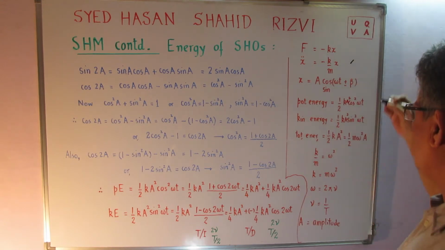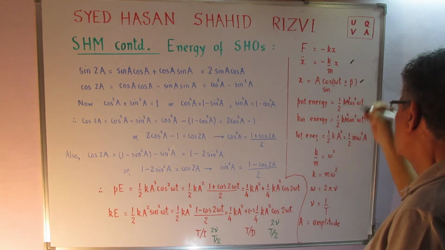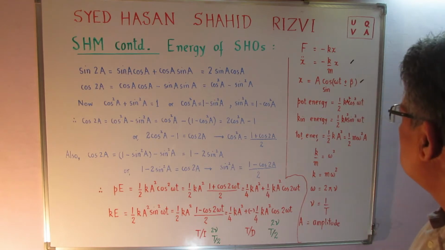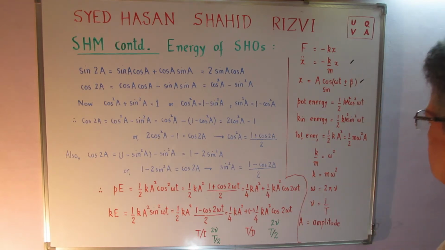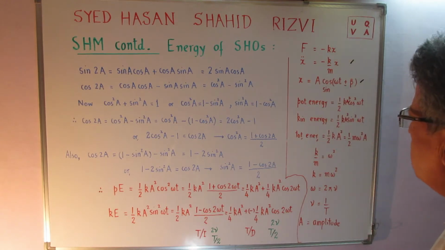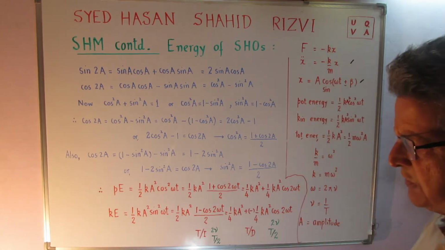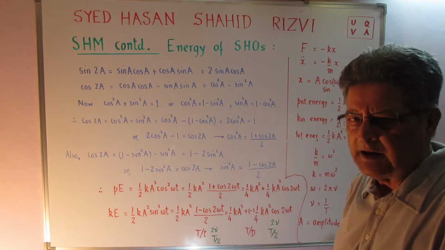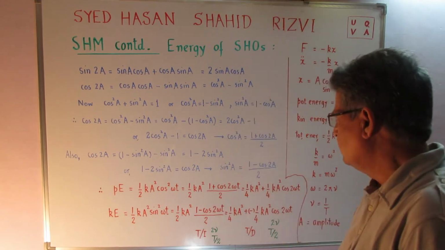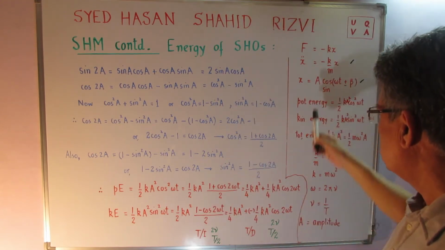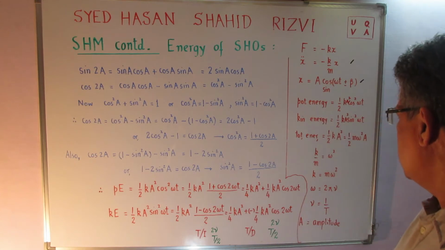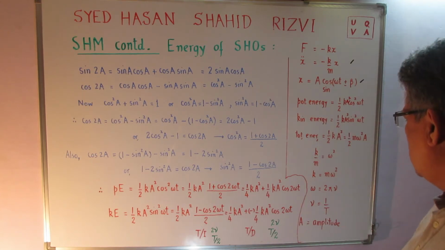They are all equally competent to describe the simple harmonic motion. Of course, a is the amplitude, which we found as A star or A naught in the earlier derivation. Now we are dropping that. We are just taking a as the amplitude of the oscillations.